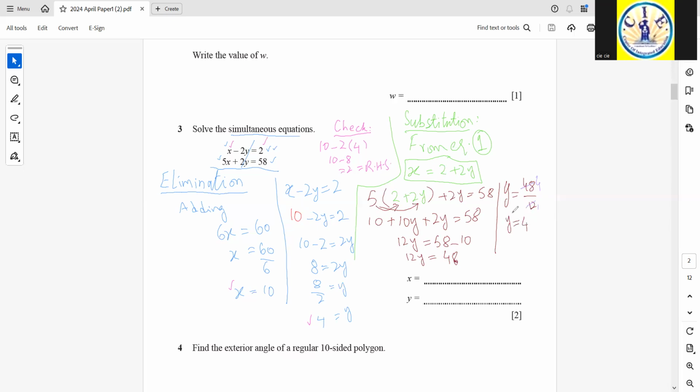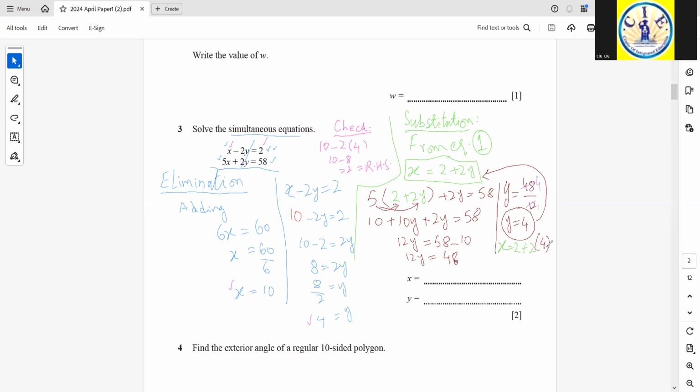Once we have got the value of one of the variables, now we are going to replace this value into the equation that we substituted in the other equation at the beginning. So this will give us now 2 plus 2 times the value of y, that is 4.